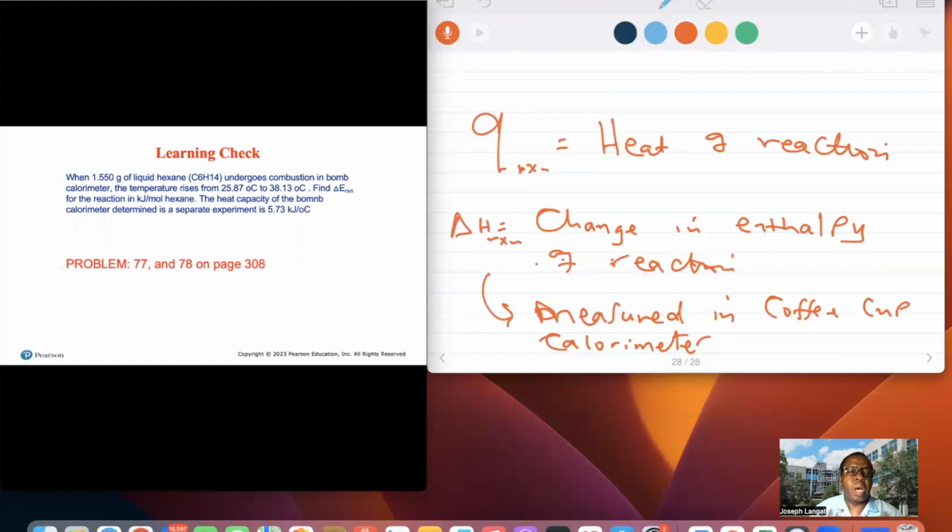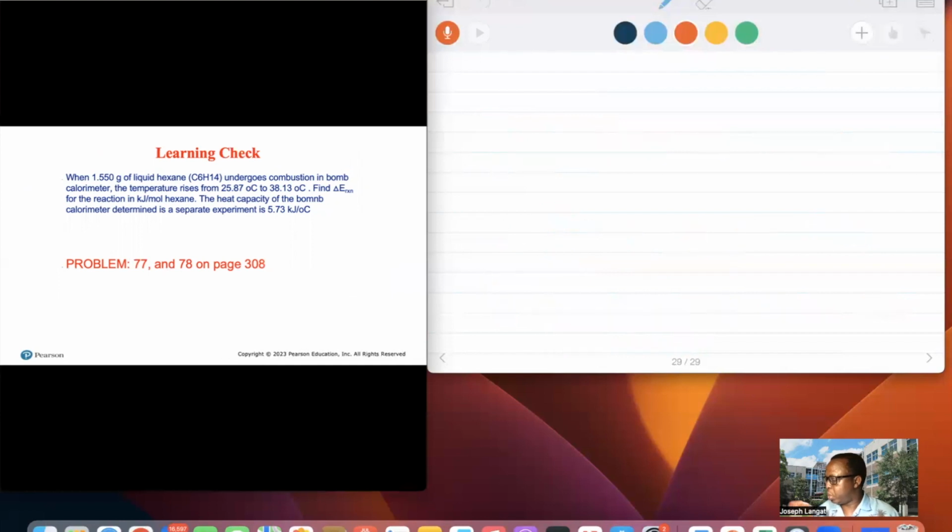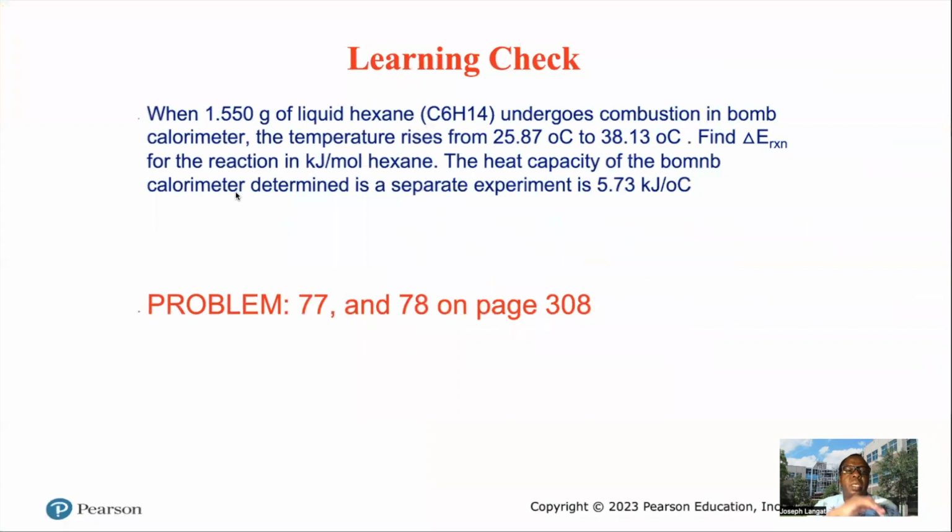So let's see how we can determine the change in enthalpy for the reaction. Here is a question. When 1.550 grams of liquid hexane, C6H14, undergoes combustion in a pump calorimeter, the temperature rises from 25.87 degrees Celsius to 38.13 degrees Celsius.